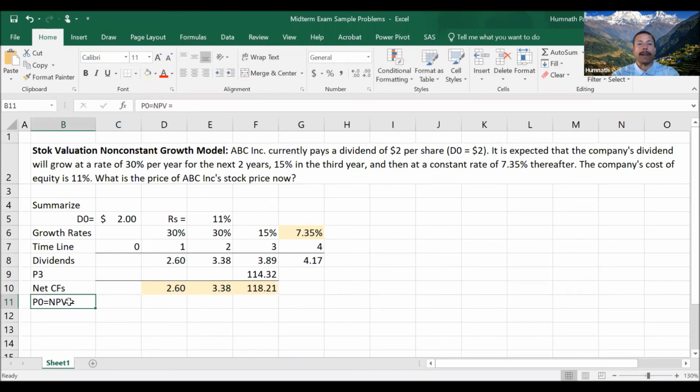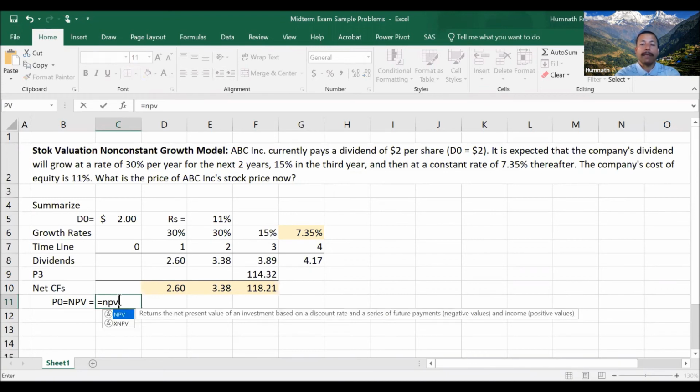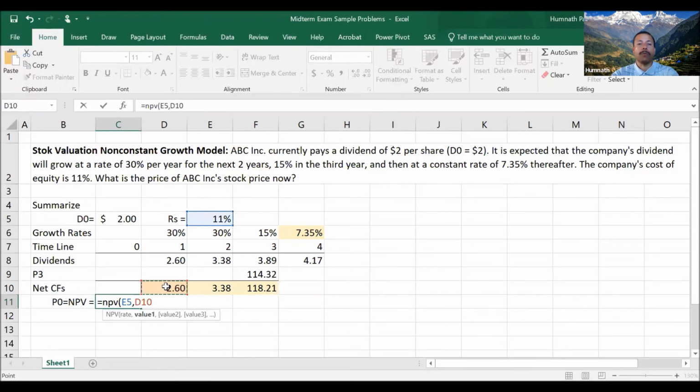Let's find the present value of all these future cash flows using the function NPV in Excel. Then we select the cost of equity, and then we select all the values, value 1 through n. In this case, we have values 1 through 3. Let's select those values and close the parenthesis.